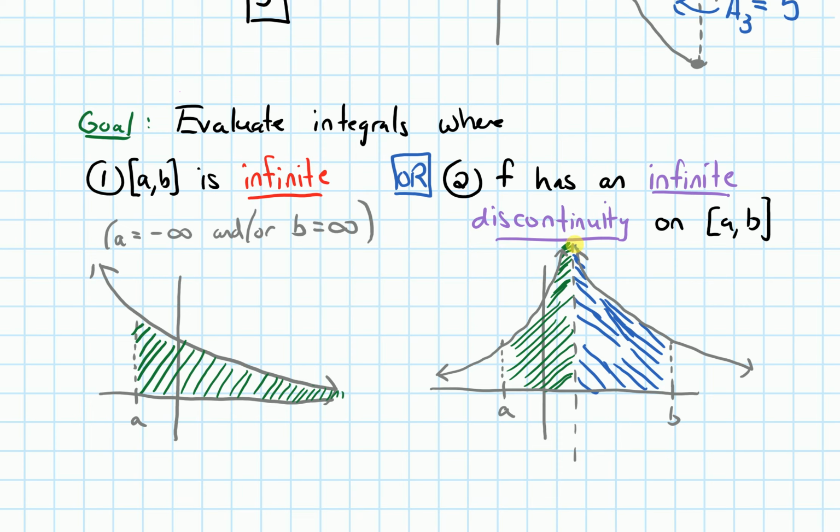Even though this region gets infinitely high because my function gets infinitely large, there are situations where this area is finite, and we will see examples like that. There are also plenty of examples where integrals of both of these types give us an infinite area, so that can happen as well.